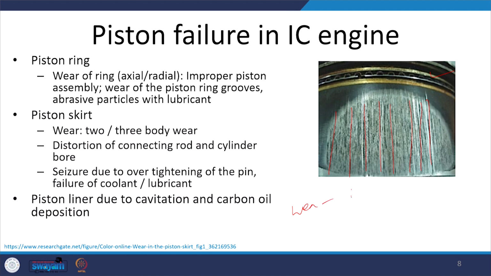So, material must be hard enough, it should resist the wear, and that is achieved through the proper fine grain structure and proper morphology of these grain structures, proper composition of the alloy.